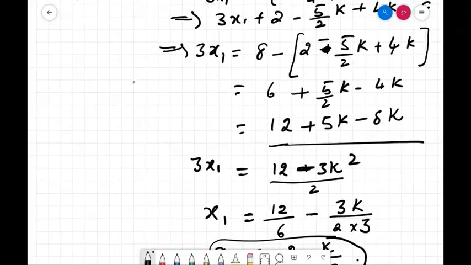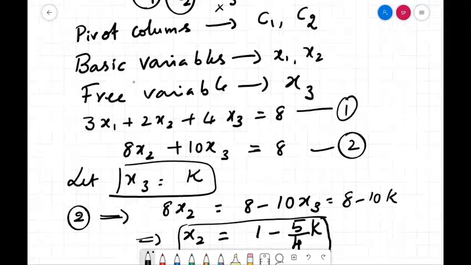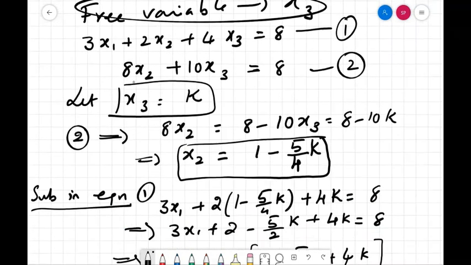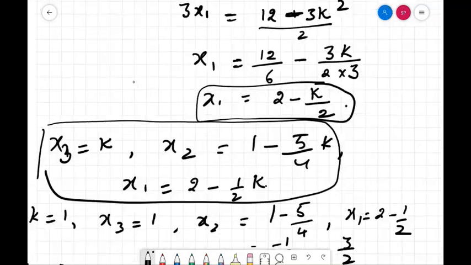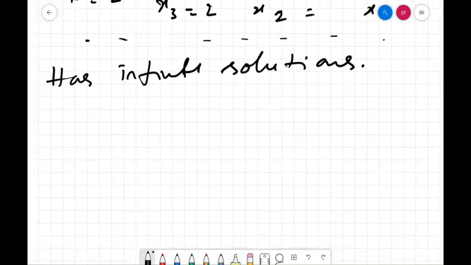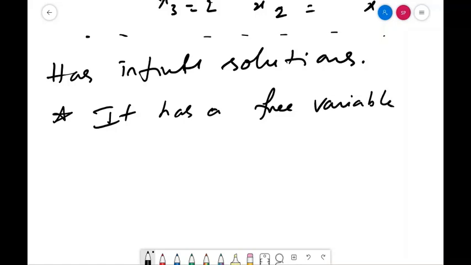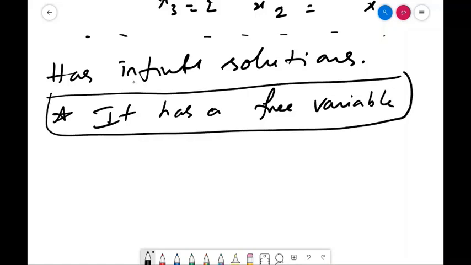You can observe that this system has one free variable, so note this down. Let us discuss and conclude about this by observing one more problem.